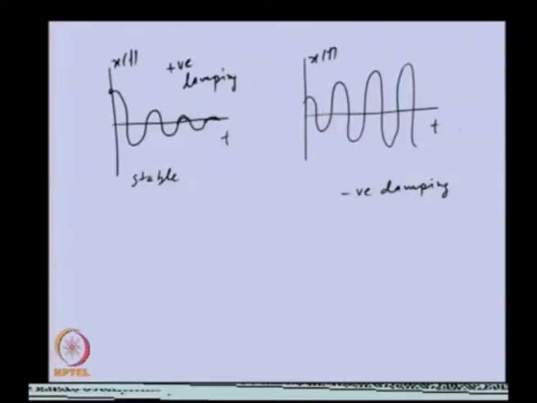So this is the equation of motion. For this we can write it as follows for the negative damping case, and the free vibration response of such a system is given as e raised to c by 2m t.